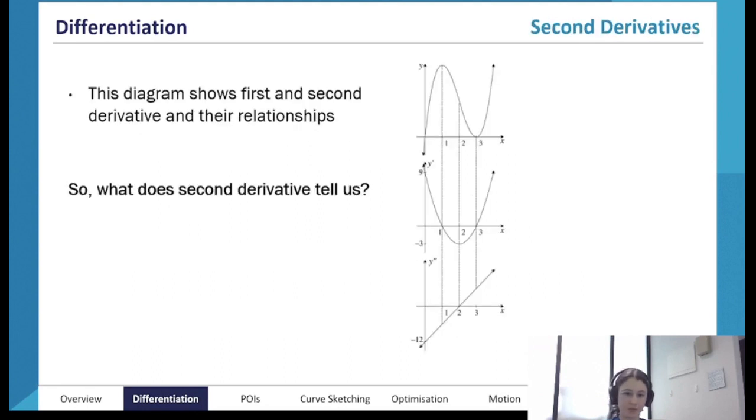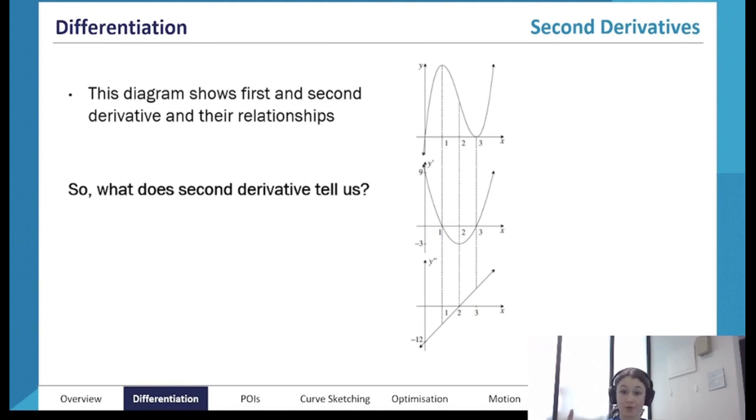Now we're getting into how we can use the second derivative to know things about our original curve. And again, don't worry if some of this is going over your head a little bit. We'll go over some examples in a second, which might help you understand.